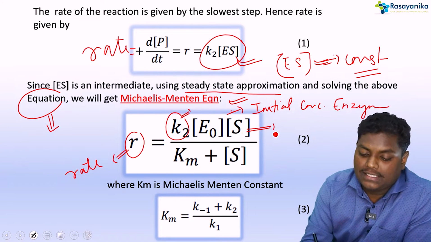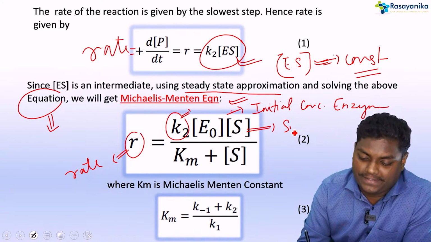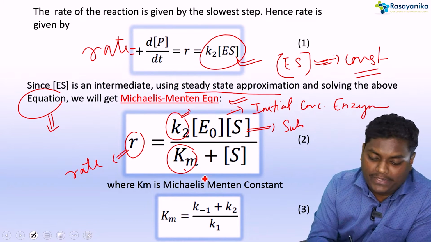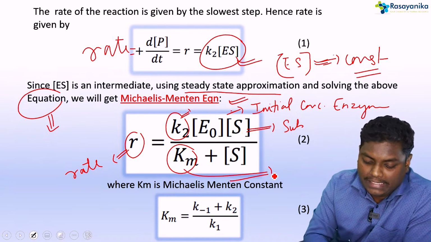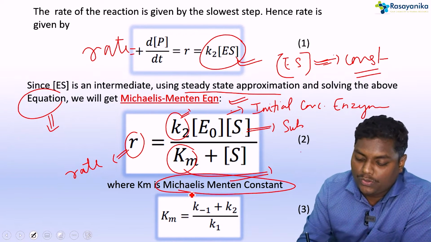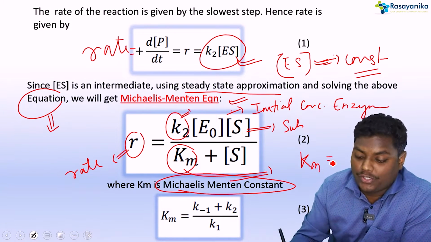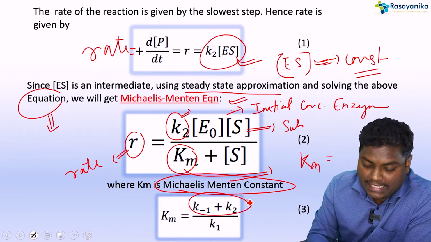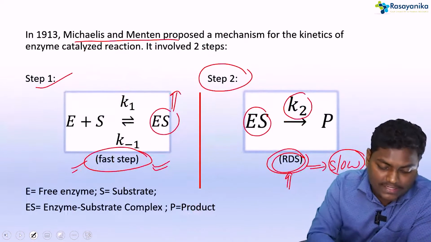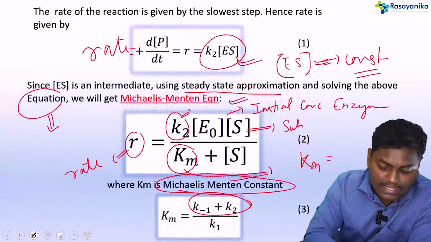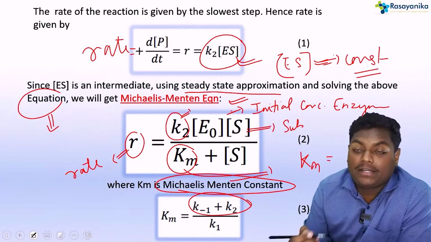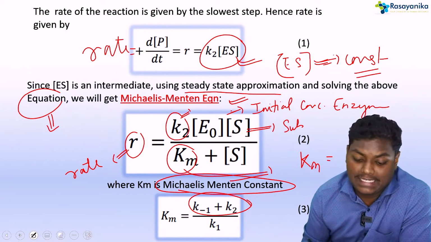where S is the substrate concentration. And this parameter Km is the Michaelis Menten constant. The Km is given by the rate of decomposition of the ES complex, which is K1 inverse, plus K2, divided by the rate of production of this ES complex.